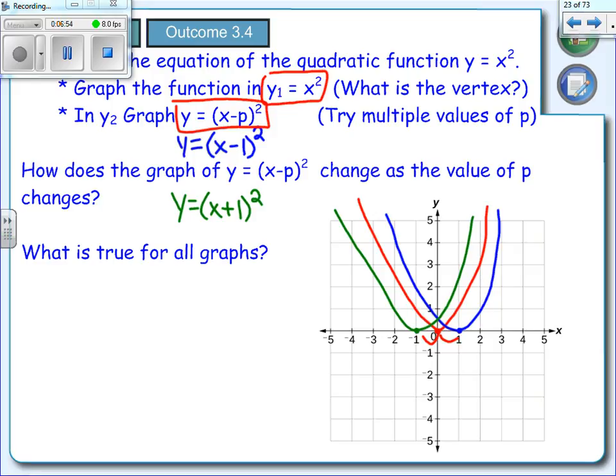So the p-value shifts it left and right. Again, we call this a horizontal translation because it's going left or right. But we can just say it shifts it. P-value shifts left or right.